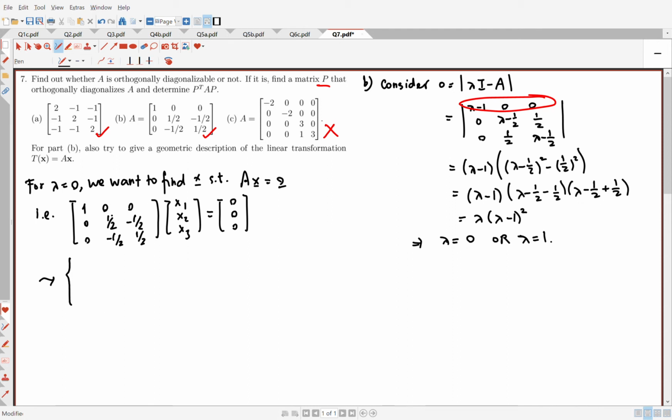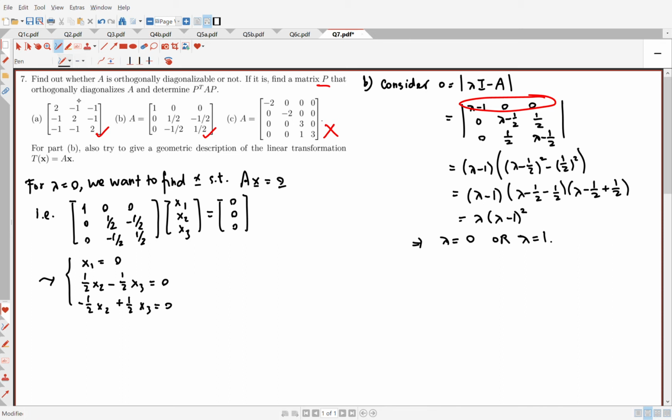The first row gives me x1 is equal to 0. The second row gives me half of x2 minus half of x3 is equal to 0. The third row gives me minus half of x2 plus half of x3 is equal to 0.